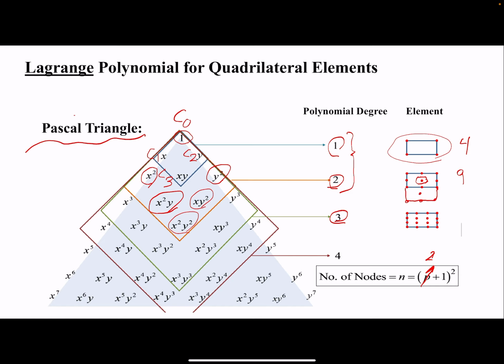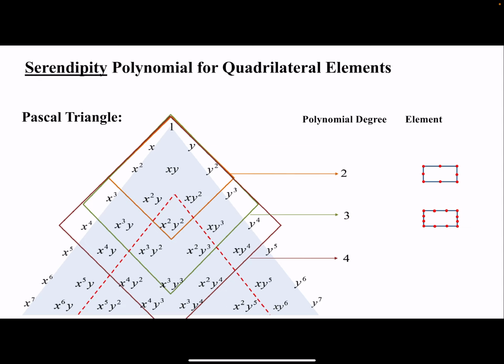So elements that include these interior nodes are called Lagrangian elements. That means that we have interior nodes as well. They are not very common. They are actually becoming extinct. I see less and less of these elements in the software and in the research area as well.